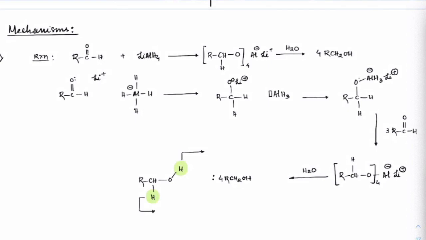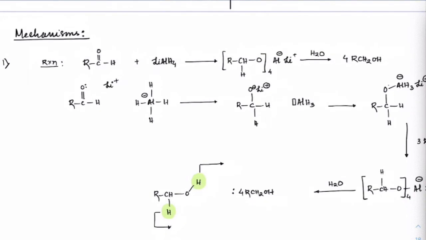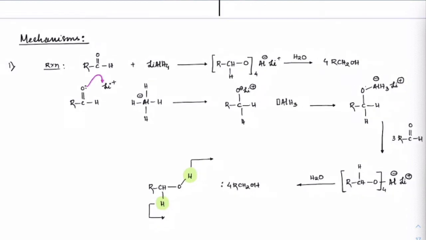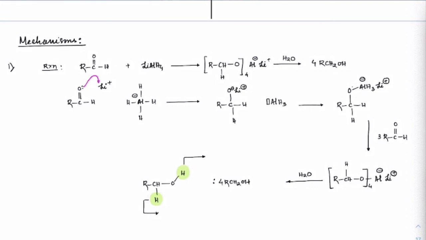So in here, in the overall reaction, what is happening is an aldehyde or a ketone, when you treat that with lithium aluminum hydride, first it is forming a new complex of aluminum, and then on hydrolysis it is giving 4 moles of alcohols. How is it happening? In lithium aluminum hydride, the lone pair present on oxygen first attacks the lithium, as there is a strong attractive force between the lone pair of oxygen and lithium.